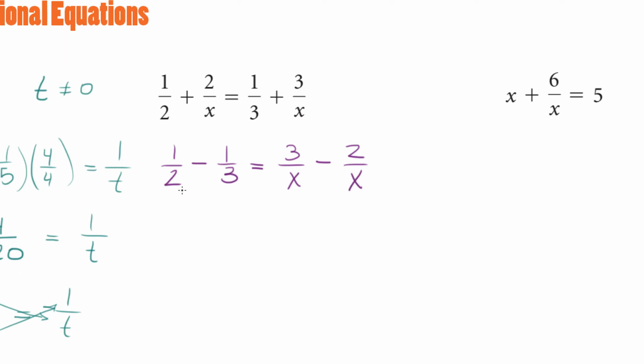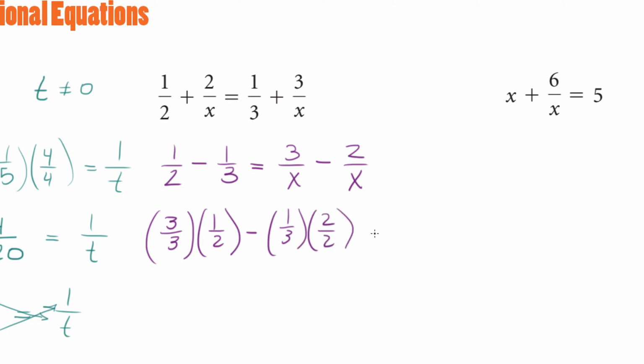Now 1/2 minus 1/3, you need a common denominator. So we multiply 1/2 by 3 over 3, and then we multiply the 1/3 by 2 over 2. Here on the right side of the equality, we do have a common denominator already, which is x.